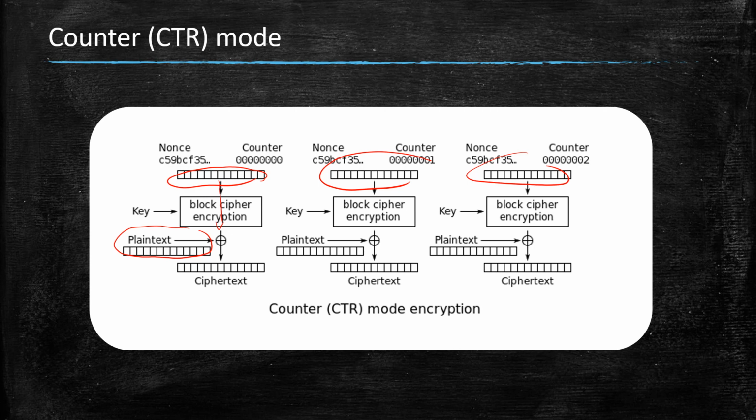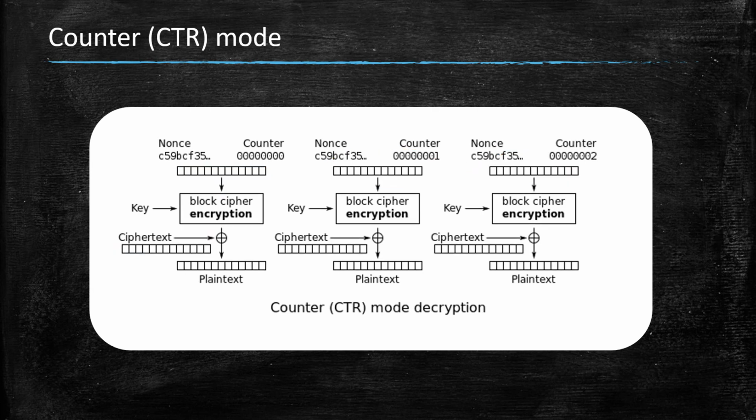Okay, so basically you create the key stream by encrypting blocks that essentially count, from 0 to however many blocks you need. And then to decrypt, you recreate the key stream and you XOR it with the ciphertext, just like we said for stream ciphers.